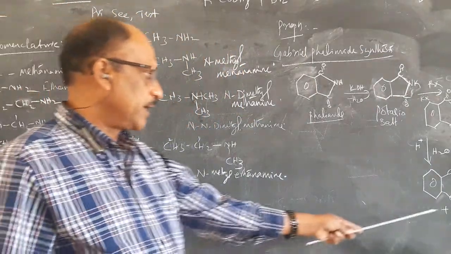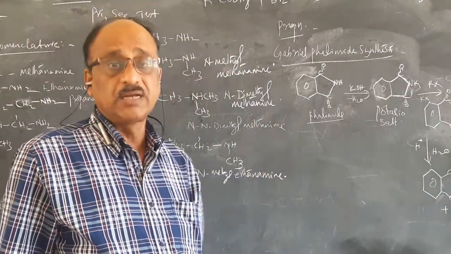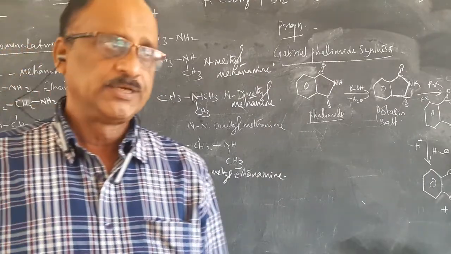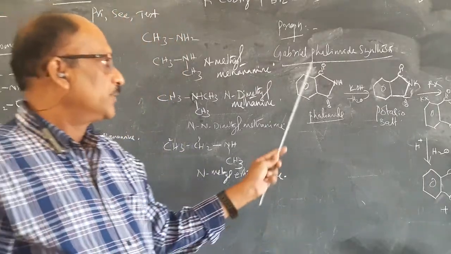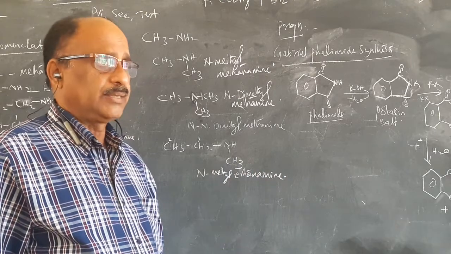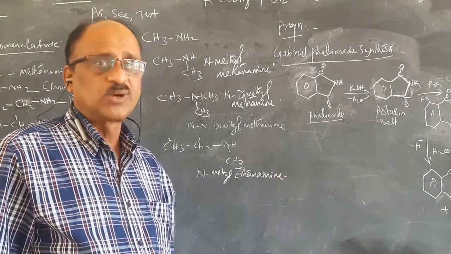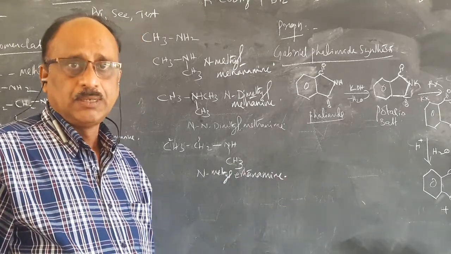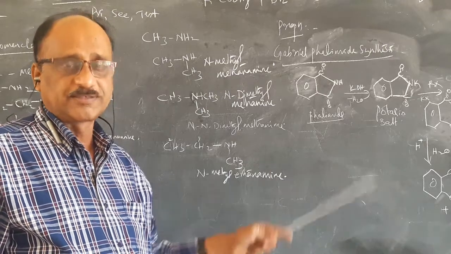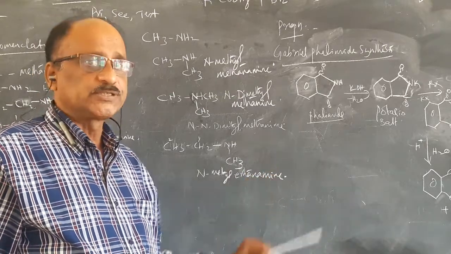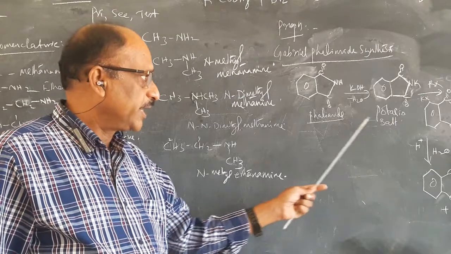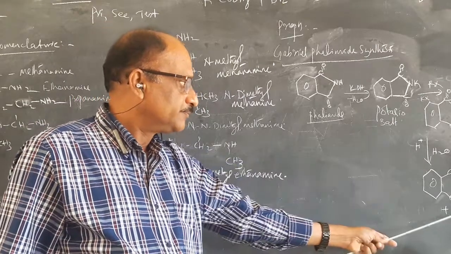So primary amine can be formed by what? Gabriel phthalimide synthesis. In the examination, there will be a question: write the Gabriel phthalimide synthesis. You have to write the synthesis only. You need not explain, you need not write a history of the reaction. You have to write the equation with names of the products.